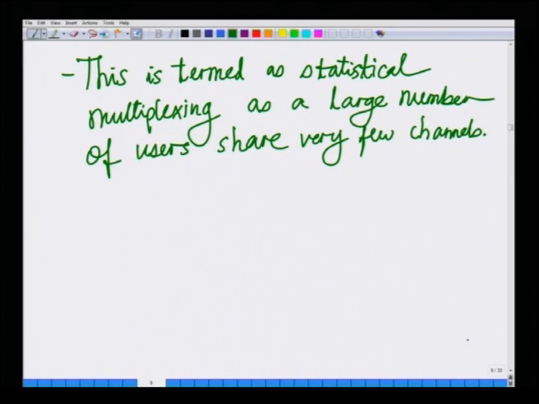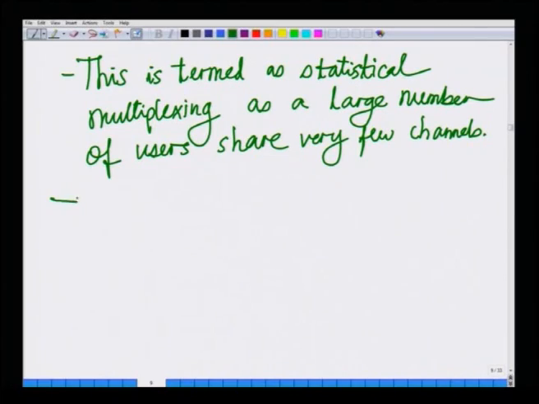In the context of cellular systems, this is essentially termed as trunking, where a large number of users share very few channels, that is frequency bands or the number of lines that are available in the cell or at the exchange.